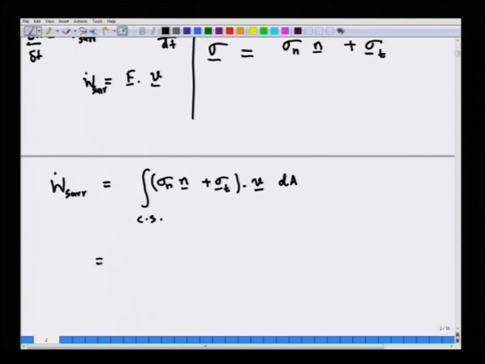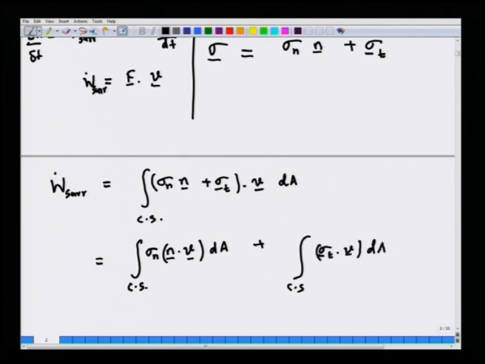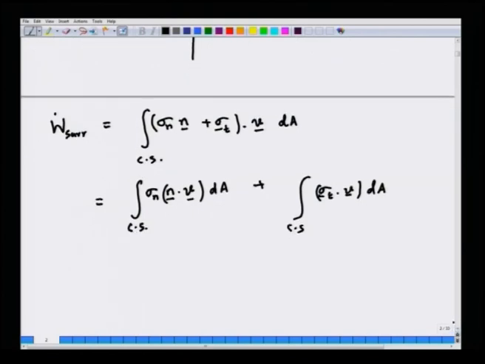Let us split the normal and tangential components separately: integral over CS of sigma n dot V dA plus integral over CS of sigma t dot V dA.